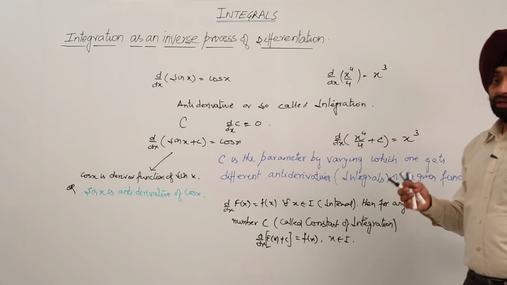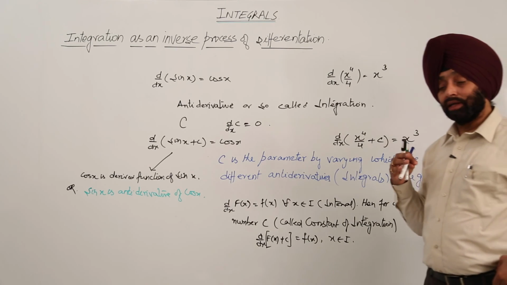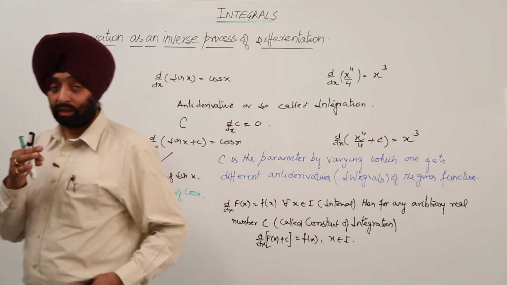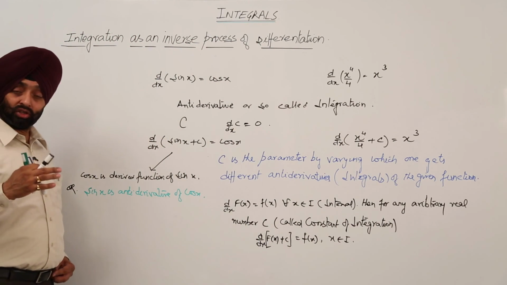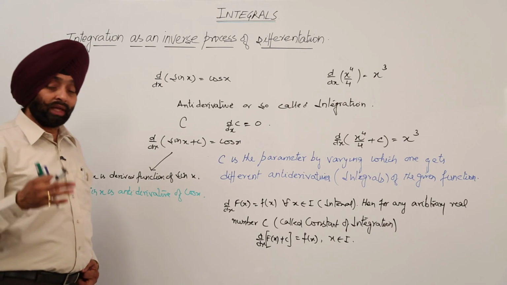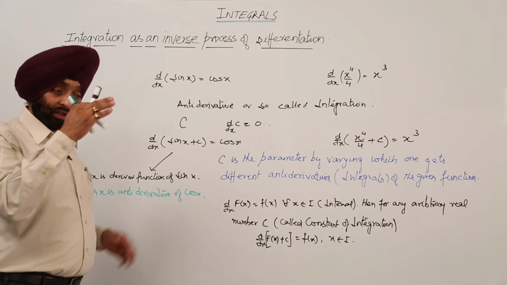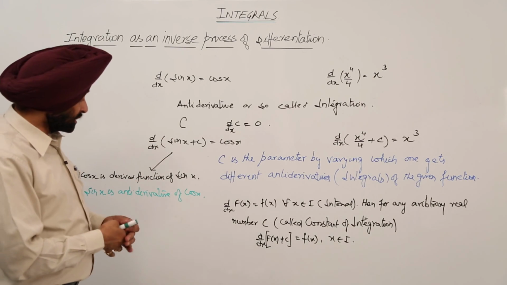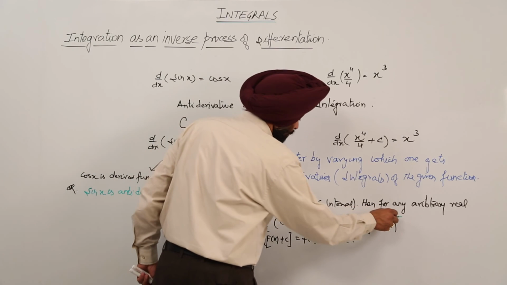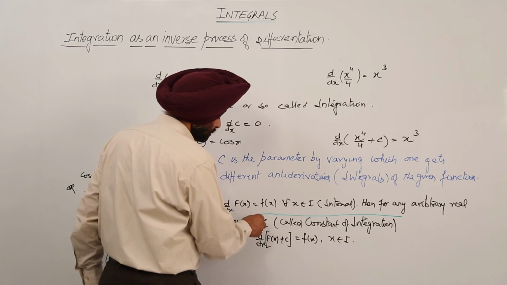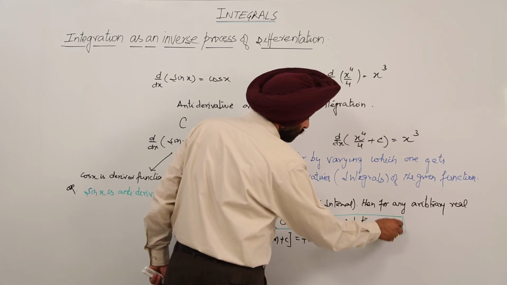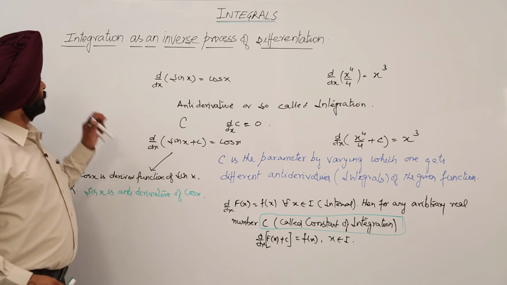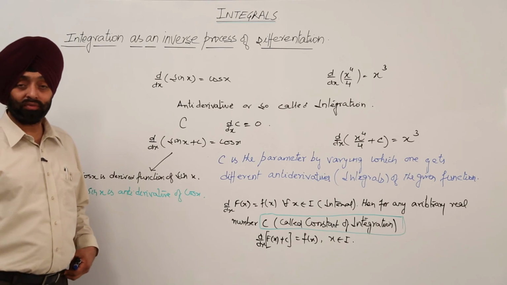In the alternative method, when we are given a derivative and we integrate it, the result will be the integration of that particular function plus c. And what is c? C is the constant of integration. So this was integration as an inverse process of differentiation.